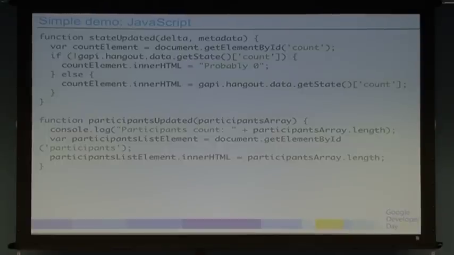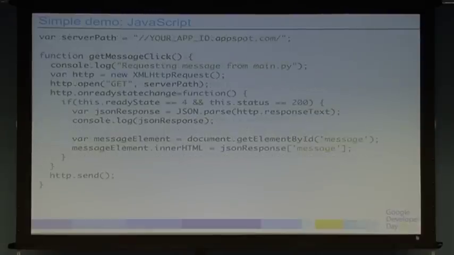So that participant array gets passed by the callback handler, and the console.log will print it out on the command line, and then we'll also modify the inner HTML of that div that said 1 participant, 2 participants. Very simple. You could actually clean this up with jQuery or other libraries, but this is for demonstration purposes.